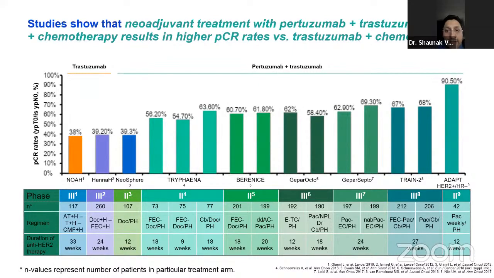And in the latest trial that we have, ADAPT HER2, where pertuzumab plus trastuzumab was given with weekly paclitaxel, it has attained a pCR of 90.5%. But we do follow the NeoSphere and the TRYPHAENA data, where almost 60 to 70% of patients with the dual HER2 therapy attain a pCR. Next slide, please.